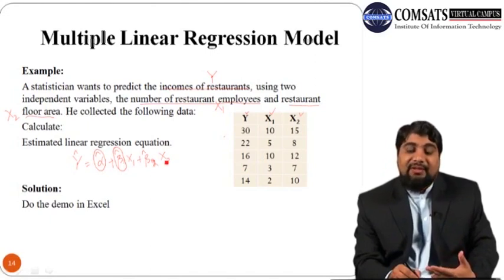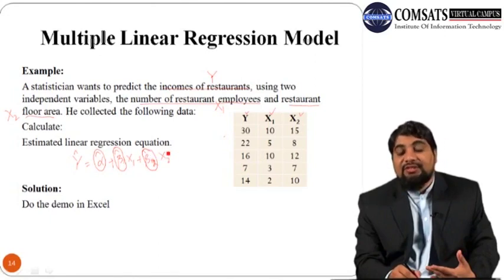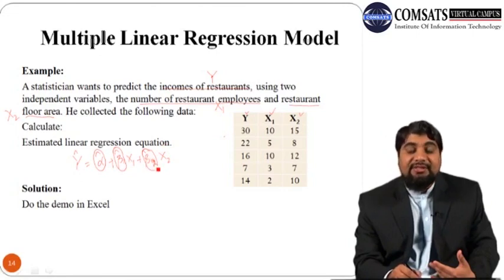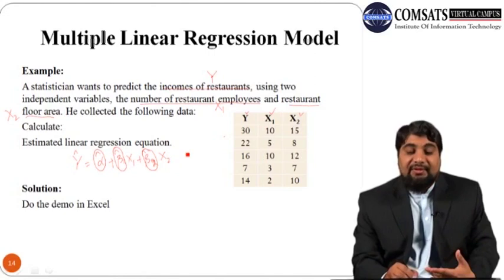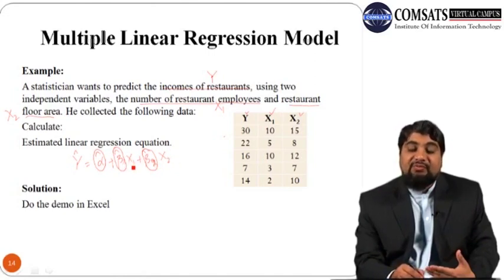Similarly, the interpretation of beta 2 hat is: when x2 increases by 1 unit, y will increase by beta 2 hat units, keeping the effect of x1 fixed. Remember that we have to take into account the marginal impacts, so while interpreting beta 2, we have to keep the effect of x1 fixed.